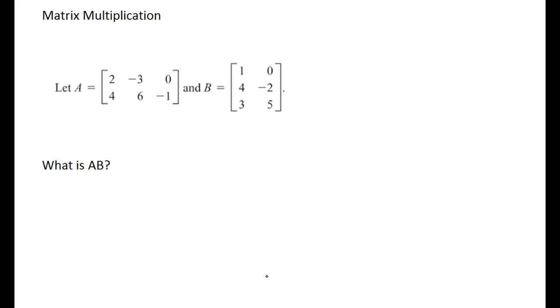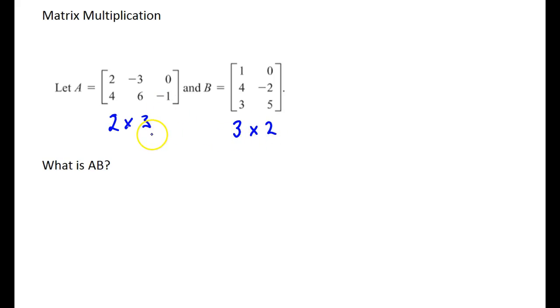Okay, so we know how to multiply by a constant, but what happens if I want to multiply 2 matrices together? This is a little more complicated. Okay, now let's look at our dimensions. This is 2 rows, 3 columns, and this one is 3 rows, 2 columns.